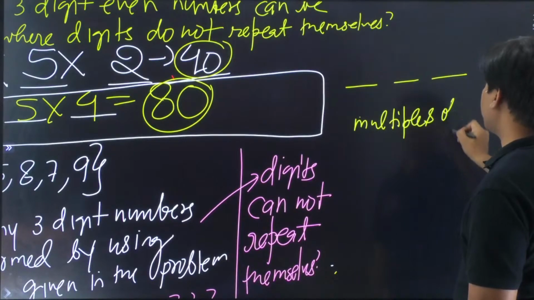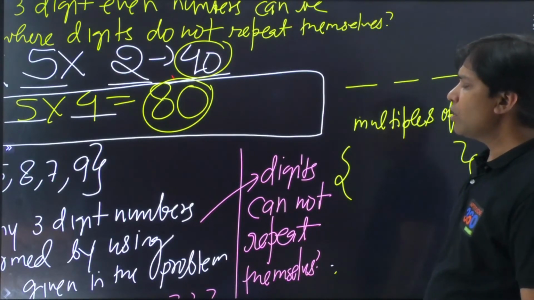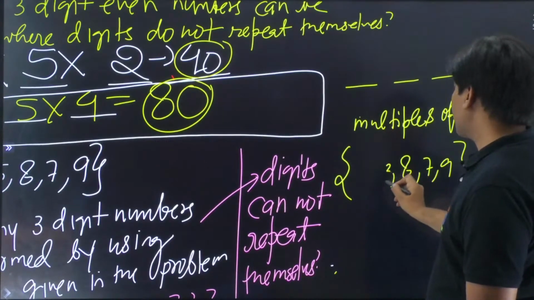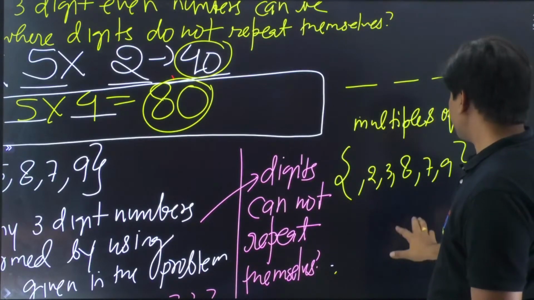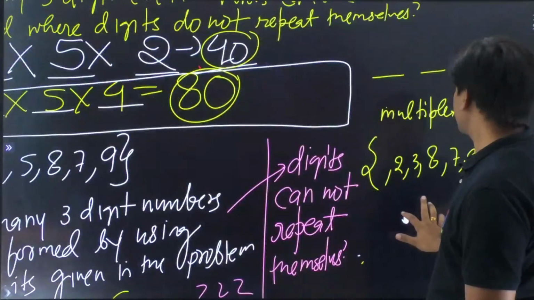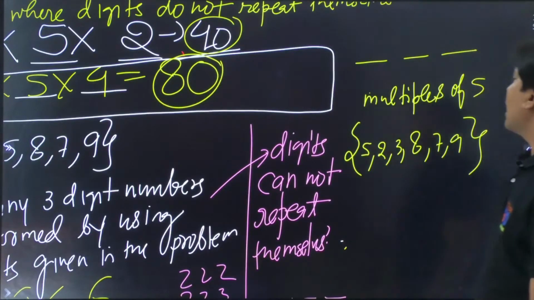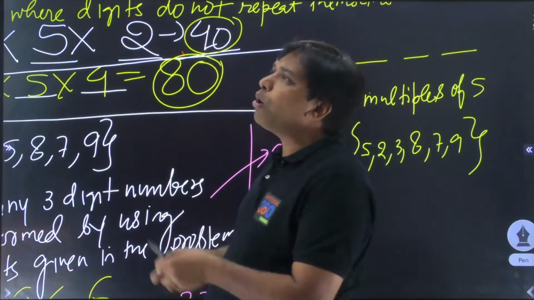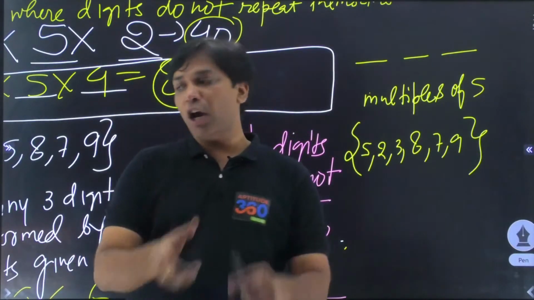Multiples of 5 by using these 6 digits. कौन से थे वो? 8, 7, 9, 3, 2 और 5. You have to be forming 3-digit numbers, and all the 3-digit numbers will have to be multiples of 5. In how many ways we can do that?